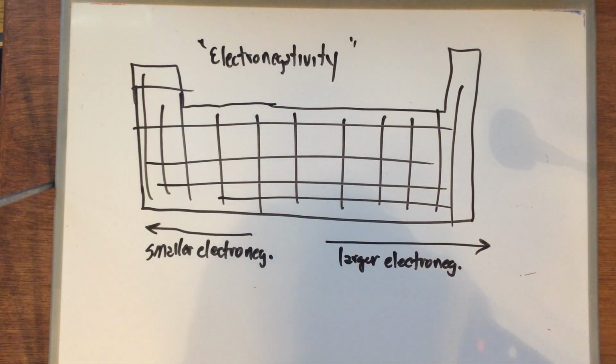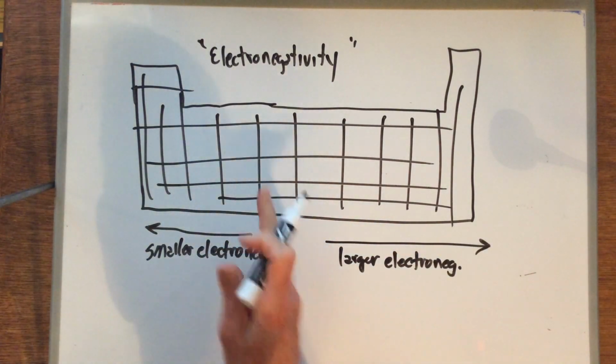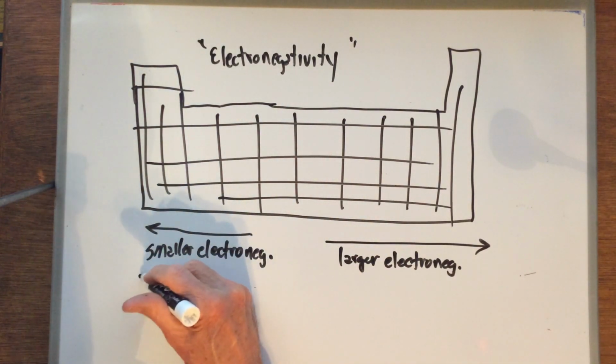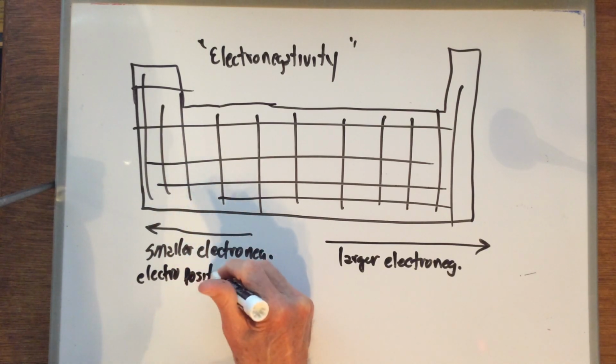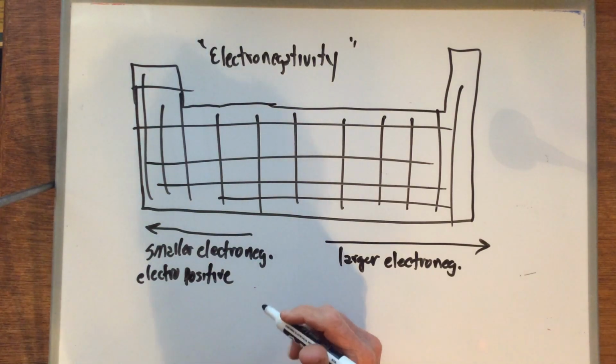Now, let's look at this from another perspective. The smaller electronegativity elements on this left-hand side are basically the electropositive elements, which we know as cations.